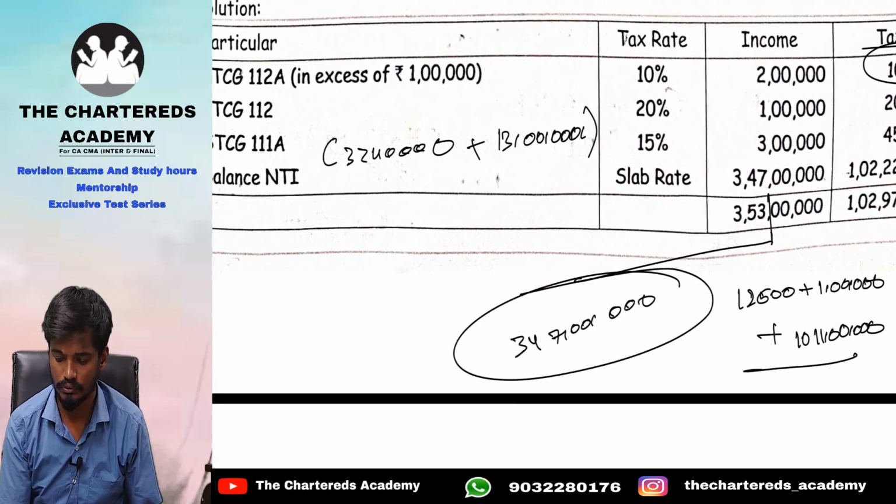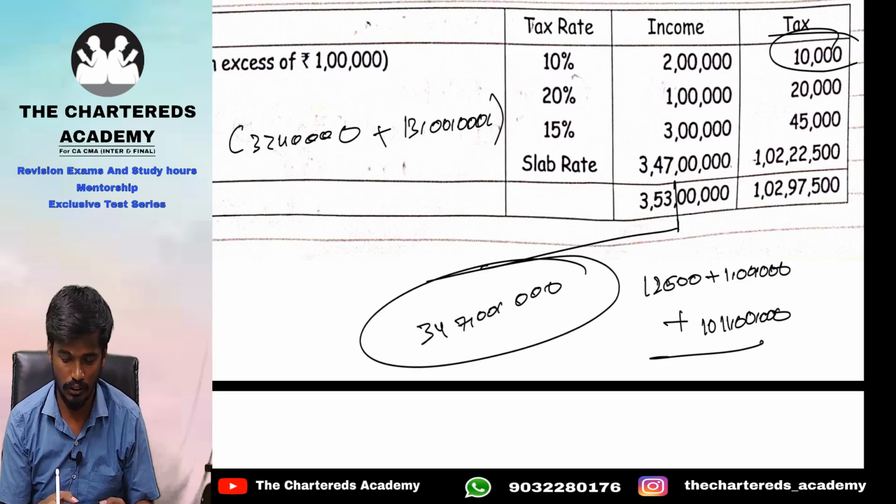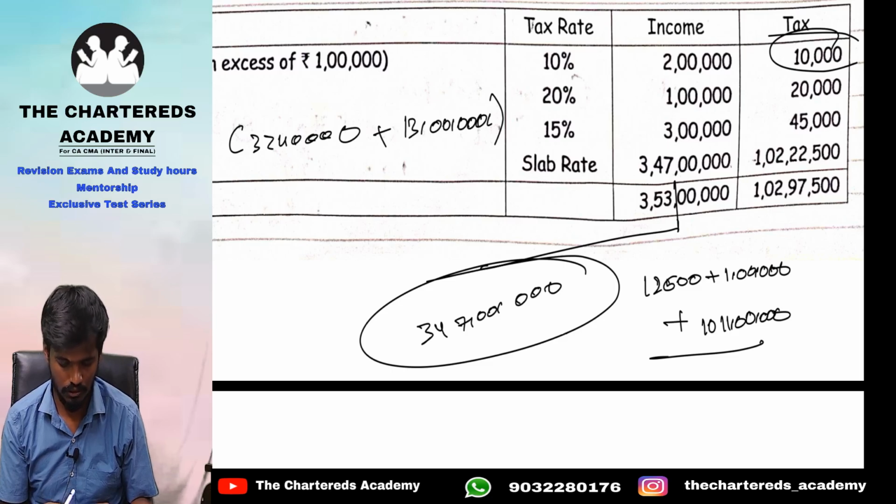So the total tax is 12,500 plus 1 lakh plus 1 crore 11 lakhs.